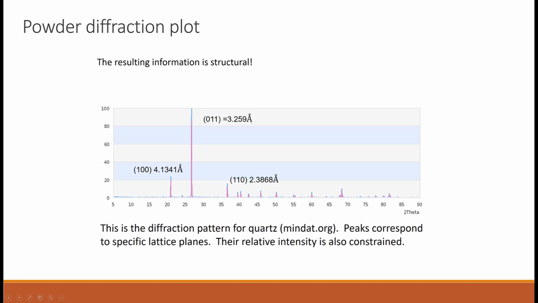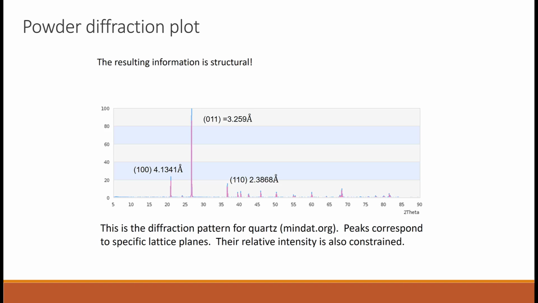And we can calculate that through the Bragg equation because we know the wavelength of the radiation and we know what we're talking about in terms of the angles that we have gone through. And I've shown the Miller indices here for 3 different spacings for this particular crystalline material, quartz, a very common crystalline material on the surface of the Earth.